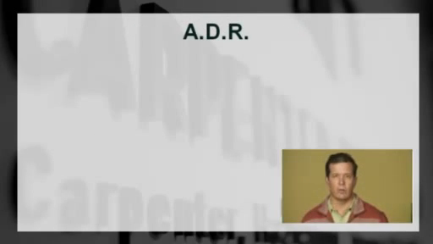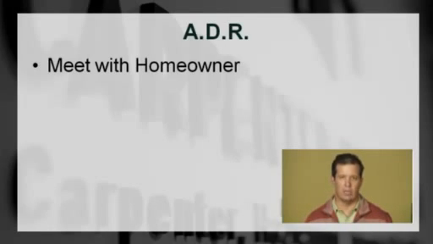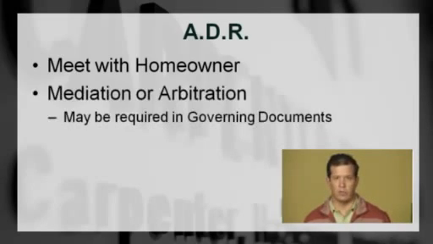And finally, the other option that not a lot of people consider because it's not really an enforcement option is alternative dispute resolution. You can always meet with the owner to try to discuss the violation, to try to help them out, try to figure out why the association has the obligation to enforce its documents, because the law essentially requires that, and a lot of homeowners don't understand that.